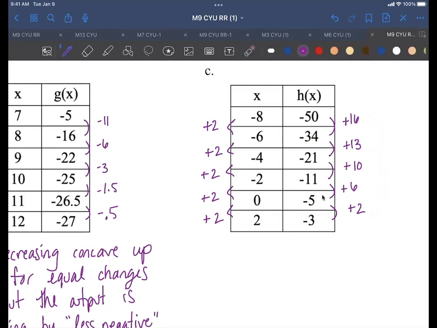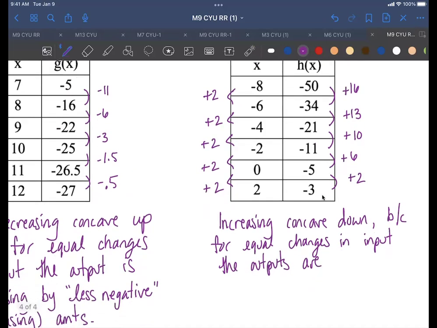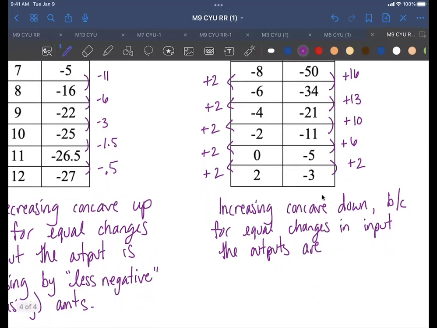So this is an increasing but concave down situation because for equal changes in input, the outputs are increasing.